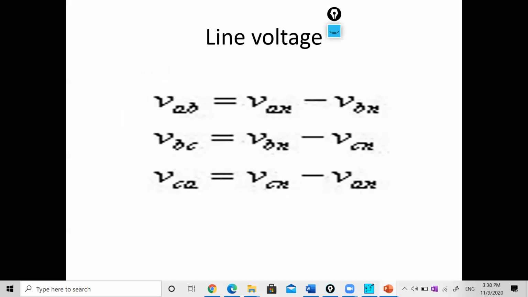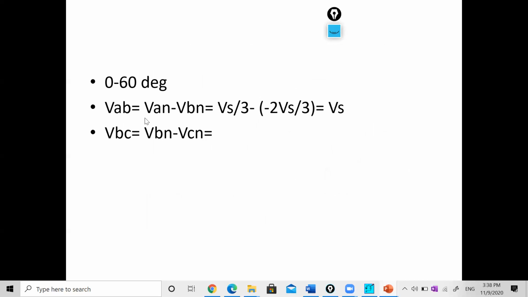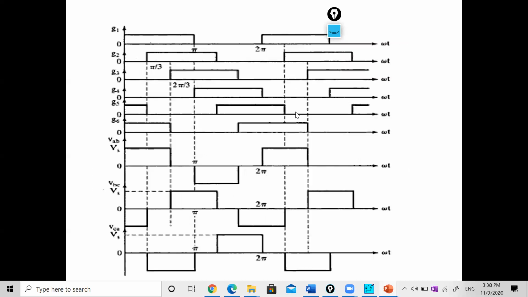Now coming back to line voltages, VAB is equal to VAN minus VBN. So we can find out the values here. Similarly we can find out these different values of line voltage, VAB, VBC and VCA.